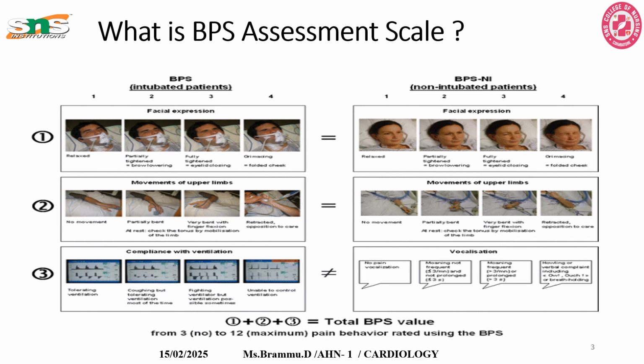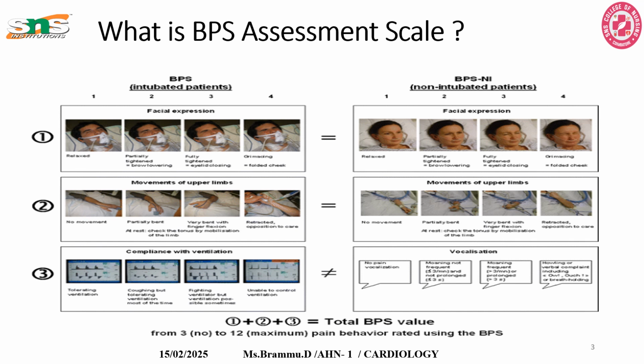In this, we will be seeing the facial expression, and if there is no expression in the face, we are going to give a score of 1, or otherwise we can call that the patient is totally in a relaxed position. In case the patient is showing some eyebrows lowering, or going upward, or partial tightening of the eyebrows, the patient is going to have a score of 2.